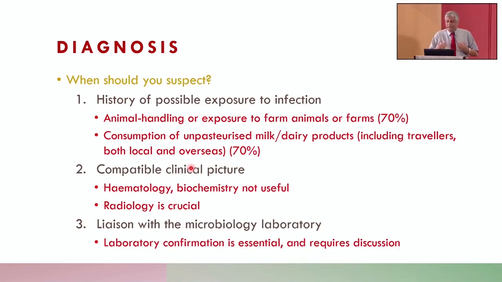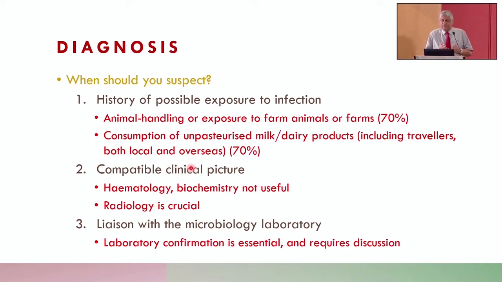Let's talk about the diagnosis. I just want you to try and remember these three aspects. First, the first important point about diagnosis is to elicit a history of possible exposure to infection.